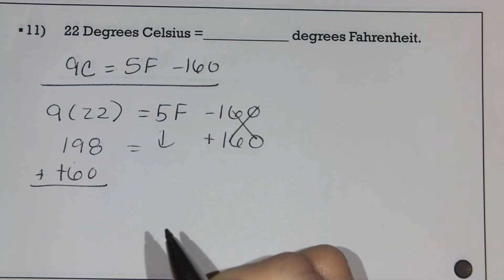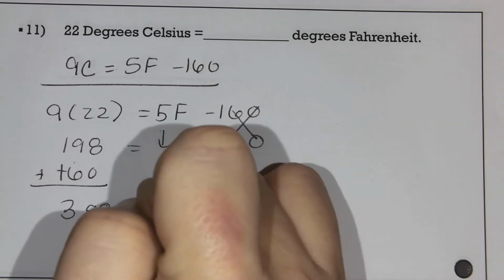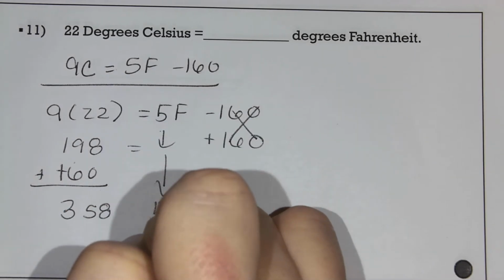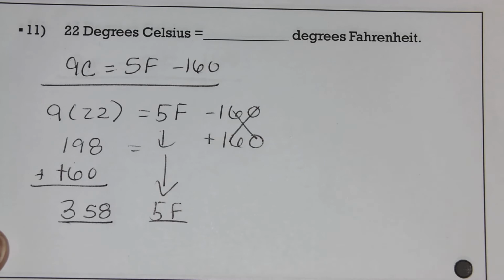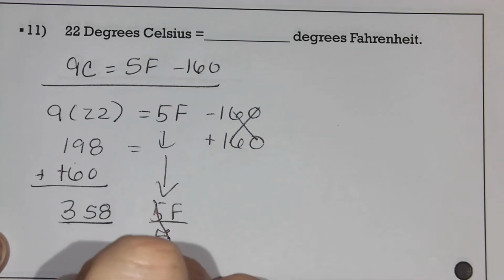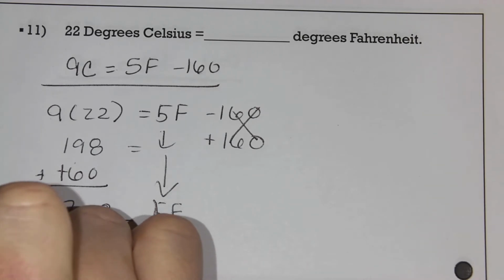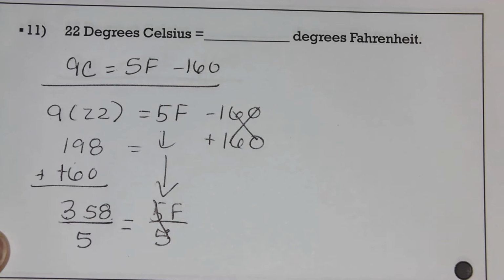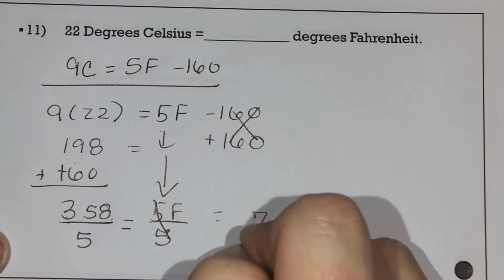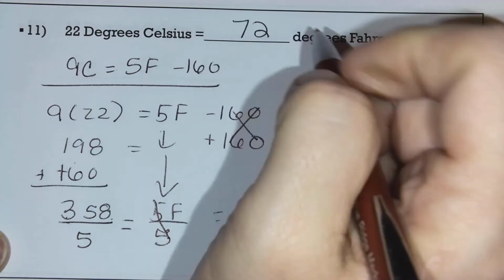So 198 plus 160 is 358. Again, we're bringing down our 5F, and we're dividing it. So 5 marks those 2 out. 5 divided by 5 will be 1, so it'll be 5. So that's why it marks those out. And then you have 358, of course, divided by 5, and you come up with 71.6. Okay, in the temperature scales, you always round. So 71.6 would round up to 72.